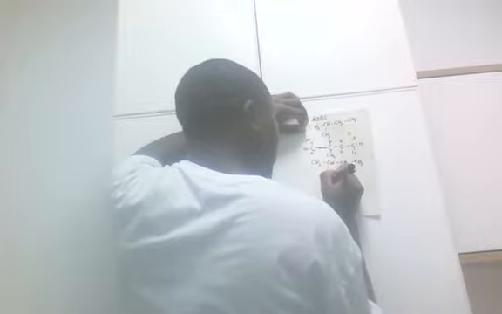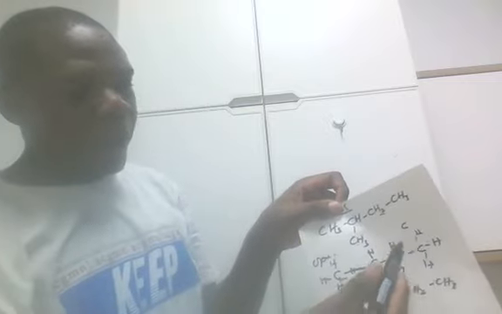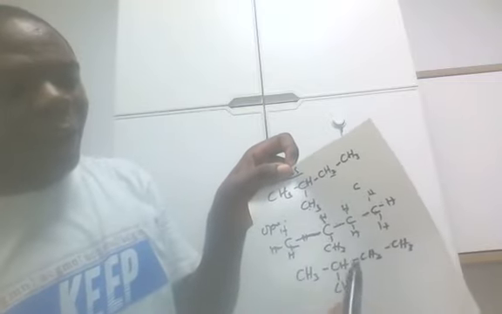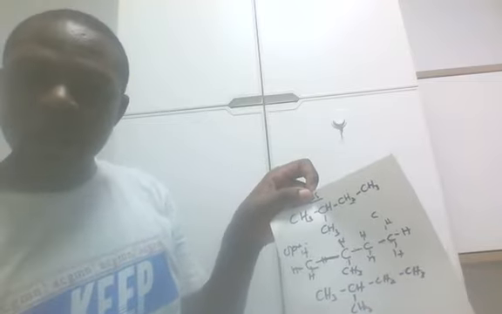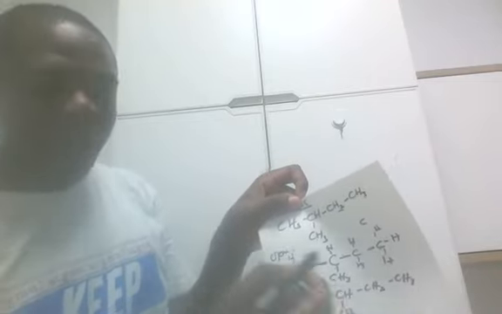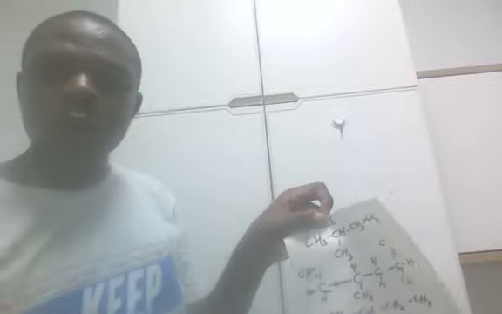Now we have this one: CH3, CH, CH2, CH3, and this CH3. If you do this open, you will see everything here is right. Discuss it the way I have said.